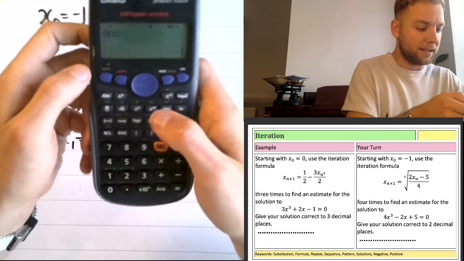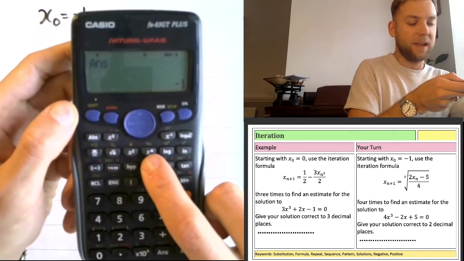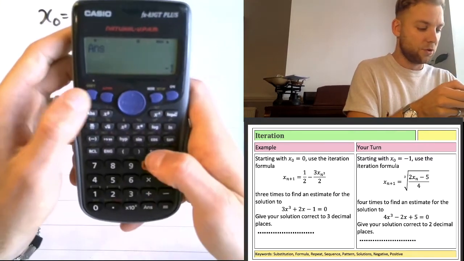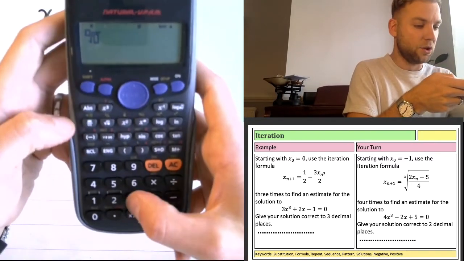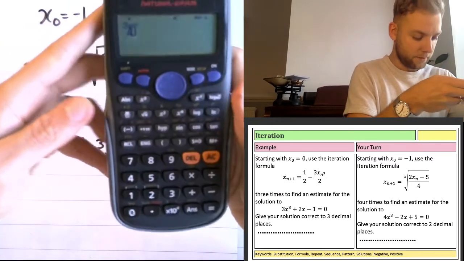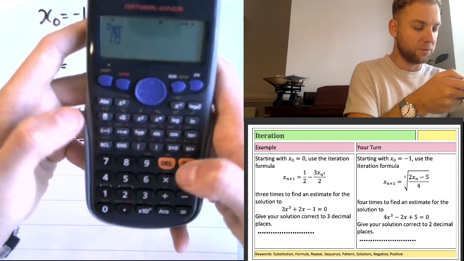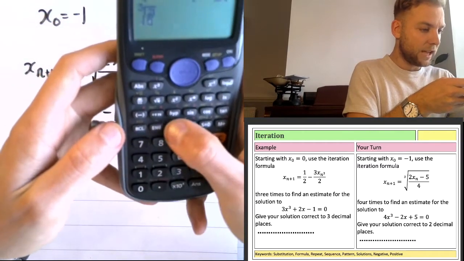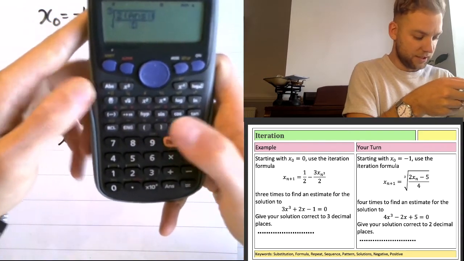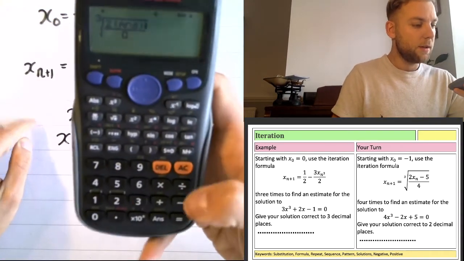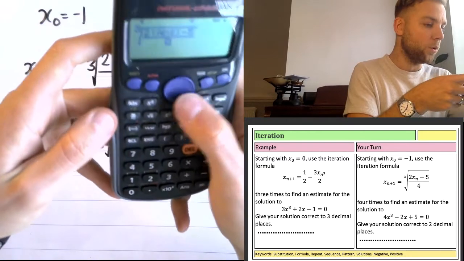So the cube root is just above, see this x with the square above it. So shift this one here, okay? And I need to do the cube root of, press the fraction button then, fraction button, 2 times my answer, so which in this case is minus 1, minus 5 all over 4.